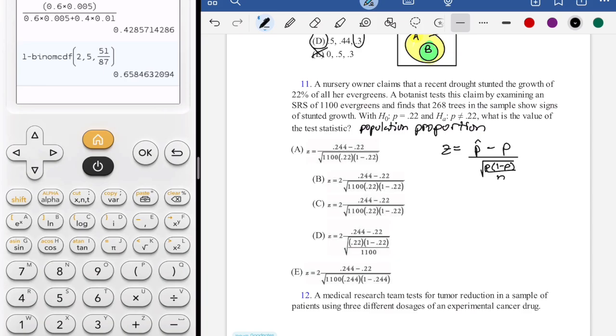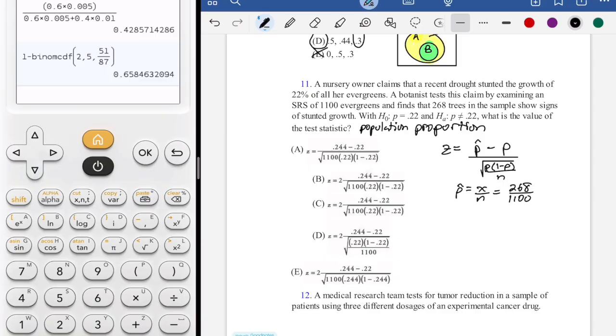So one population proportion, or P hat, X over N, which is going to be 268 over 1,100.